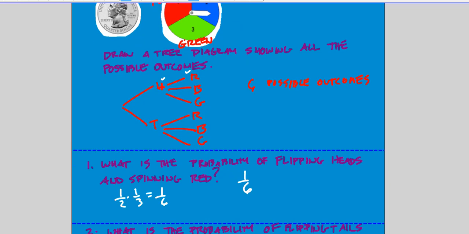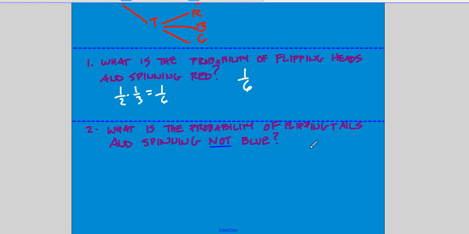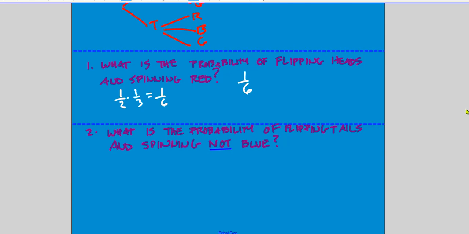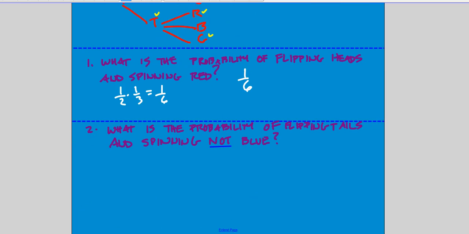Okay. All right. What's the probability of flipping tails and not spinning blue? Well, tails would be, let's use yellow here. Tails would be this, and not blue would be red or green. So notice there's out of 6 different ways, 2 of those fit the bill. So this would be 2 out of 6.